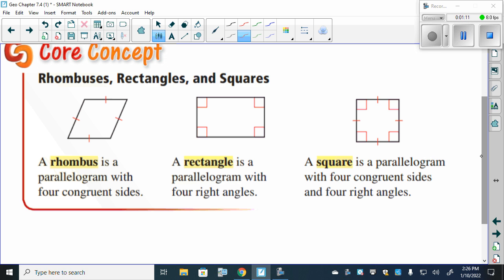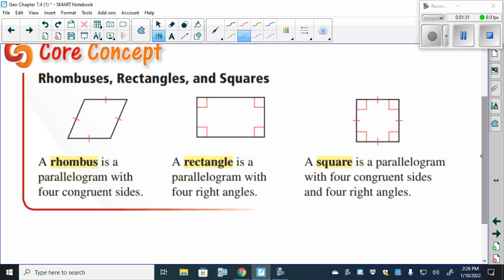A rectangle is a parallelogram with 4 right angles, and a square is a parallelogram with 4 congruent sides and 4 right angles. We're going to use these properties to name the shapes that we're given.